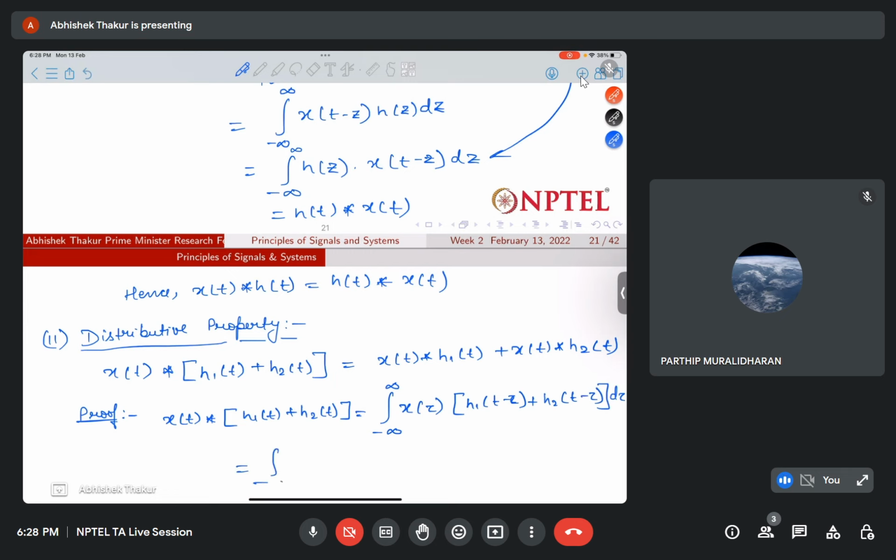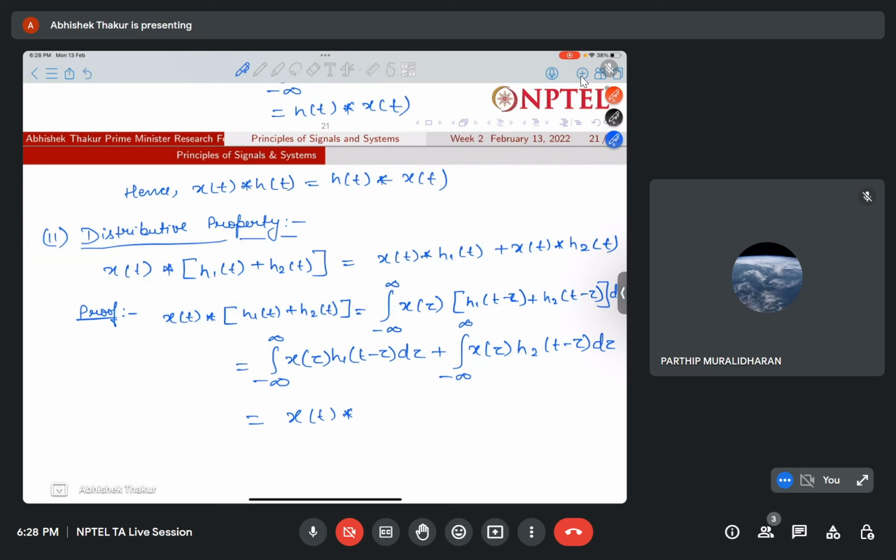So we can write it as integral from minus infinity to infinity of x(tau) h1(t minus tau) d tau plus integral from minus infinity to infinity of x(tau) h2(t minus tau) d tau. So this is simply x(t) convolution h1(t) plus x(t) convolution h2(t). Okay. So this is the distributive property of convolution.